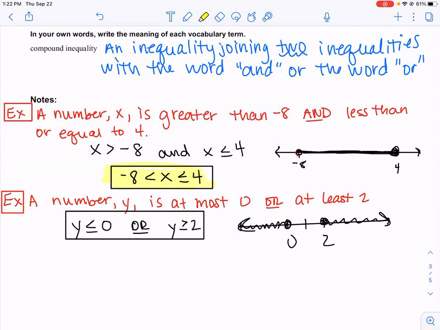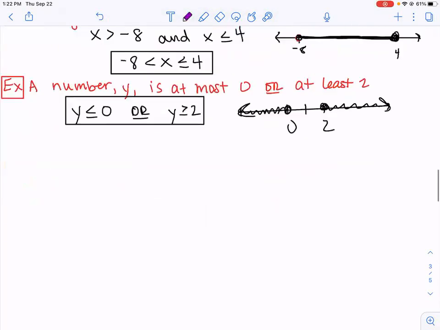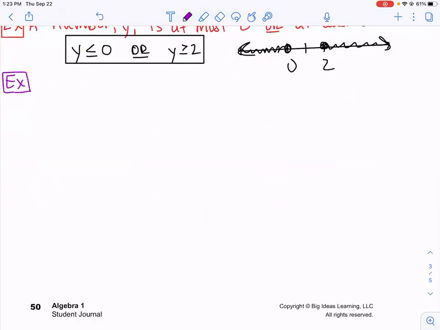Okay, so we're going to practice actually solving for these. Okay, so I want you to write this example down. We have -4 less than x minus 2 less than 3. There we go.